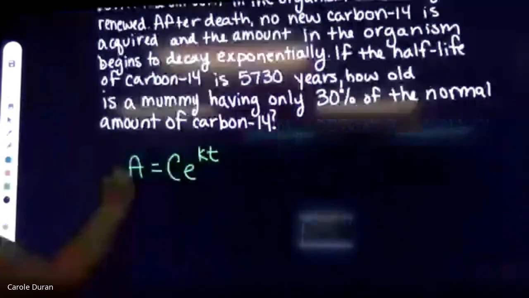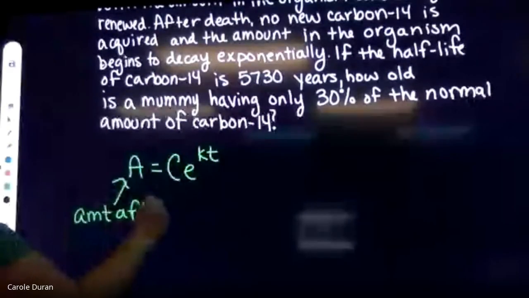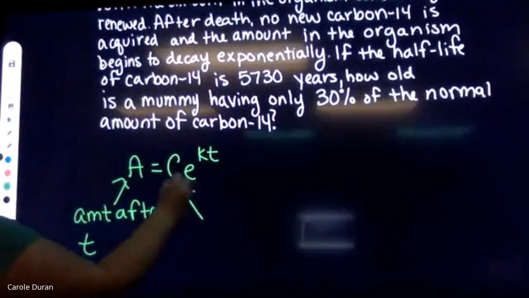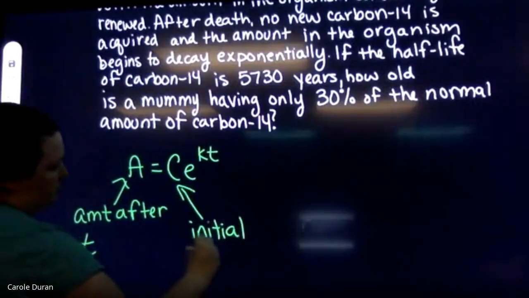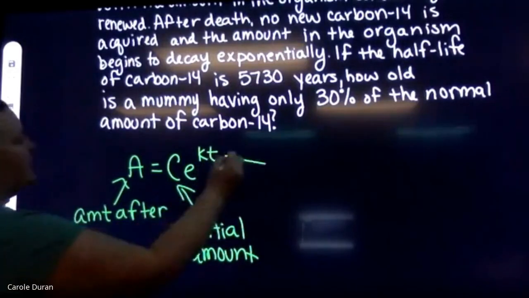So A is the amount after T years or hours, whatever it's measured in. C is the initial amount. T is time.